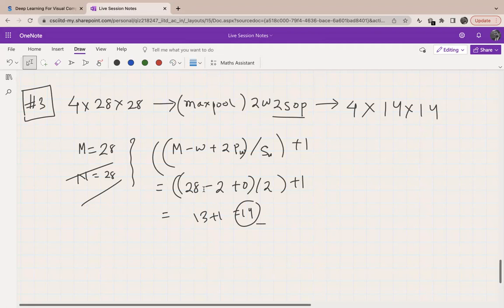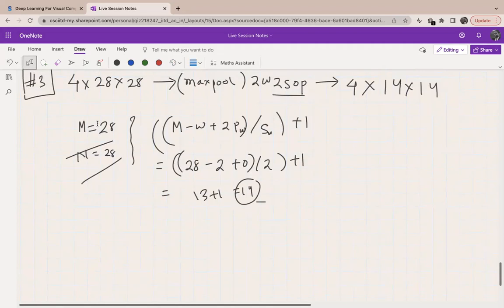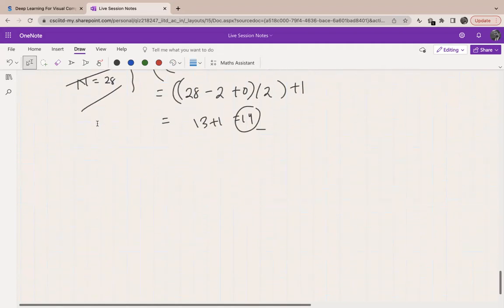The maximum function doesn't take any parameter. It just takes the input given from the previous layer of dimension 4 cross 28 cross 28. So the number of parameters here is 0. Hence the output is 4 cross 14 cross 14, and the number of parameters is 0.